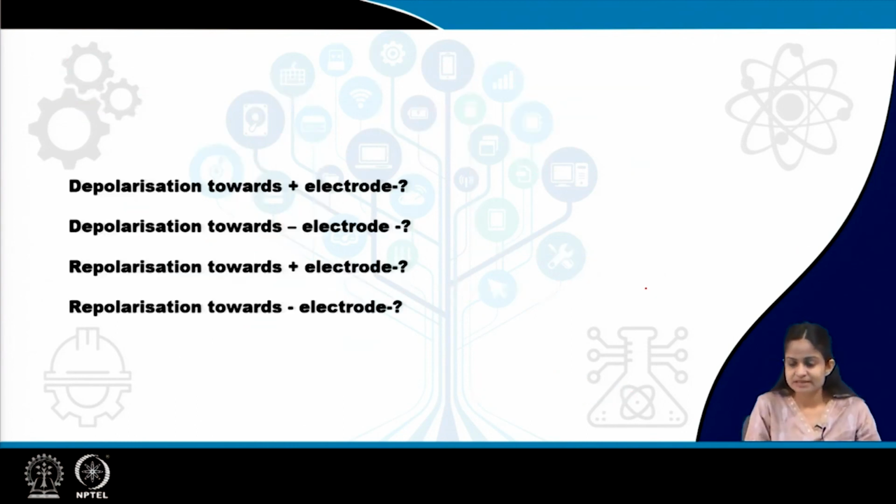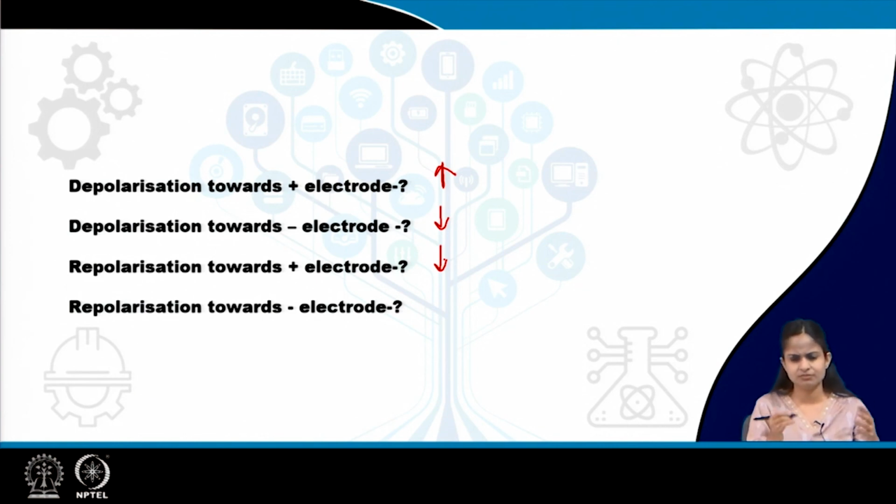So, the basic principles of ECG lie in depolarization. When positive charge is moving towards the positive electrode, there will be upward deflection. When positive charge is moving towards a negative electrode, there will be downward or negative deflection. When repolarization, meaning negative charge, is moving towards a positive electrode, there will be a negative deflection.